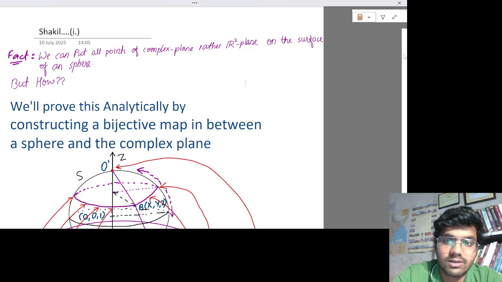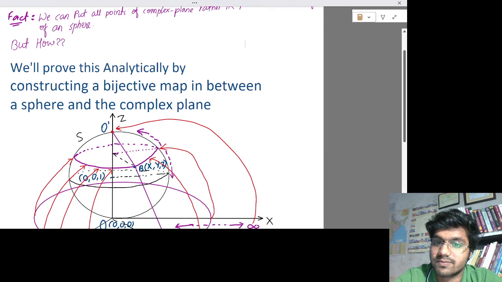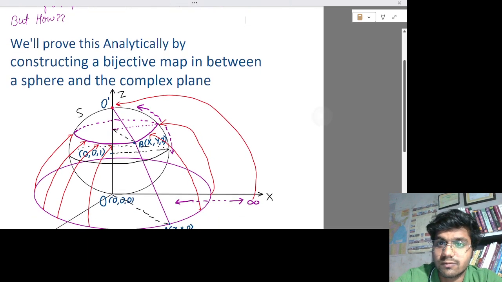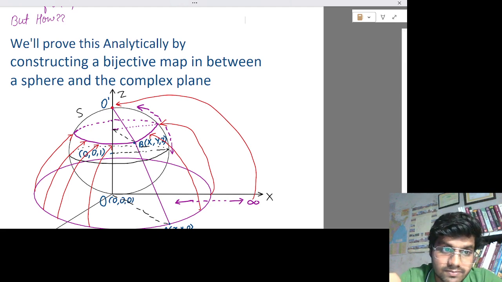This is a very interesting fact: you can take the infinite plane and put it just on a sphere. But how can we do that? Let us discuss that fact. For proving this fact, we'll do some analysis.